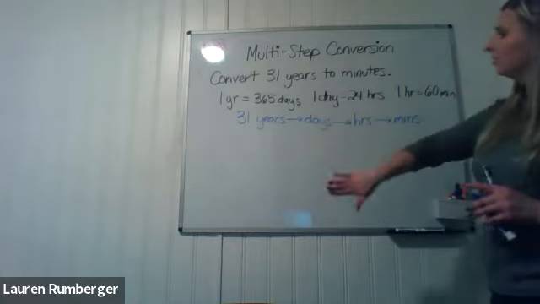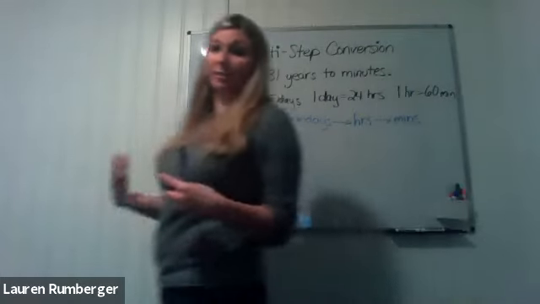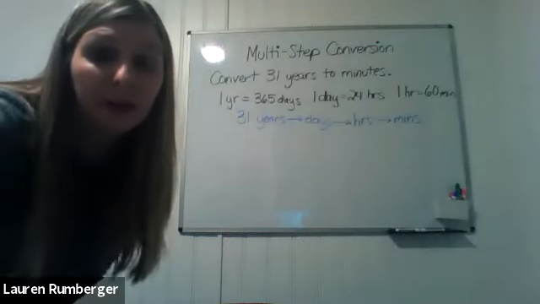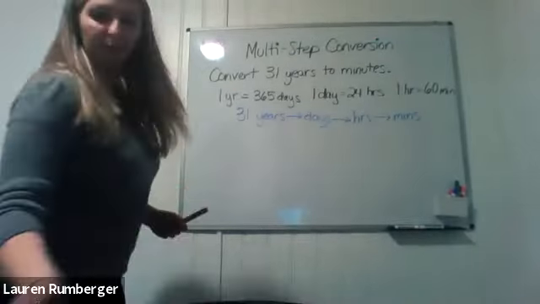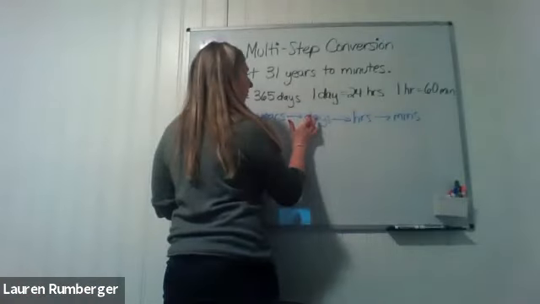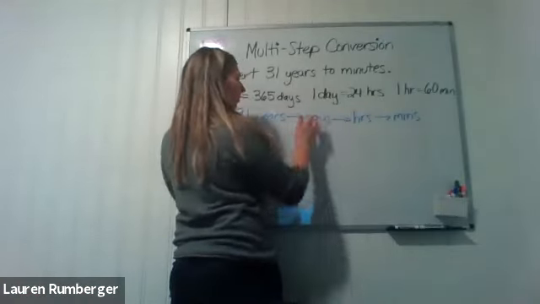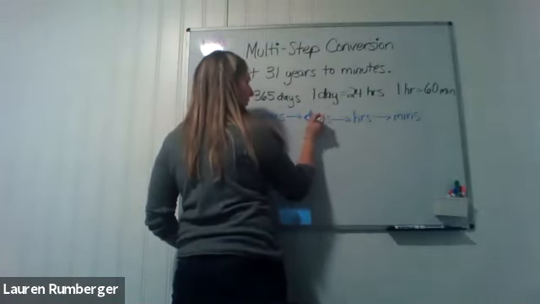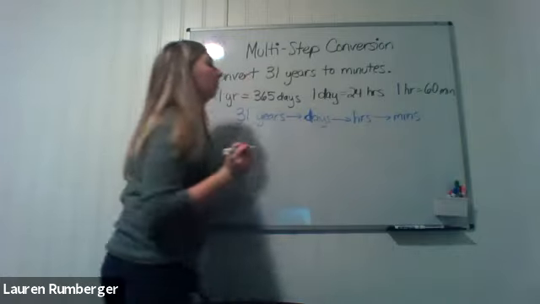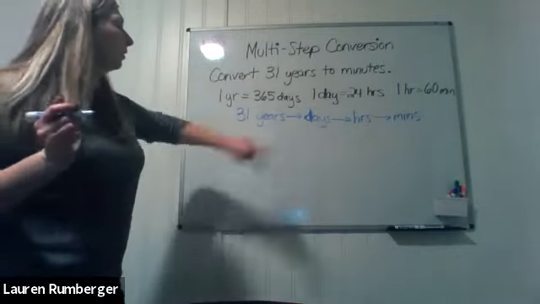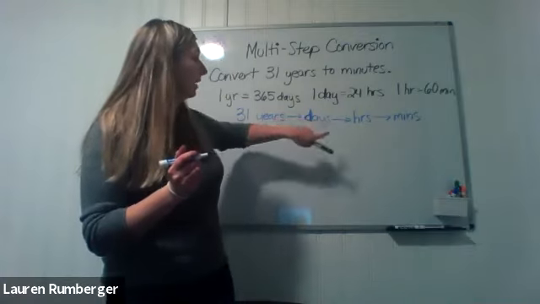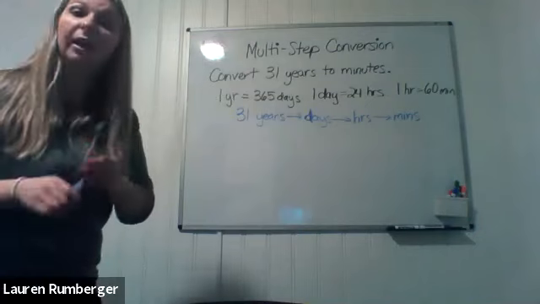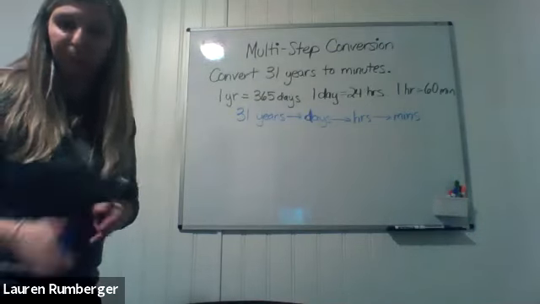So whenever you're looking to figure out how to connect the units, it's good to write yourself a plan. Okay, so I'm just trying to see how visible that is for you guys. From 31 years, we're going to convert years to days, days to hours, hours to minutes. So this is called a multi-step conversion.